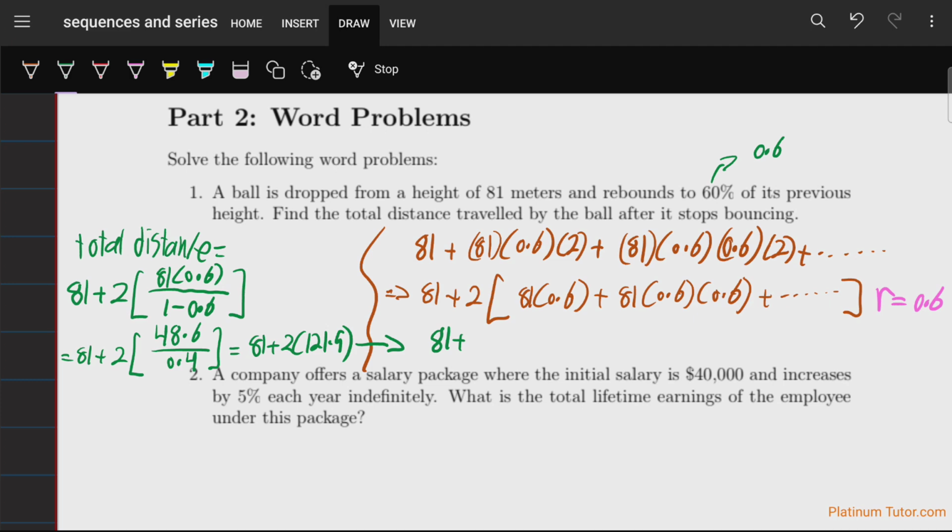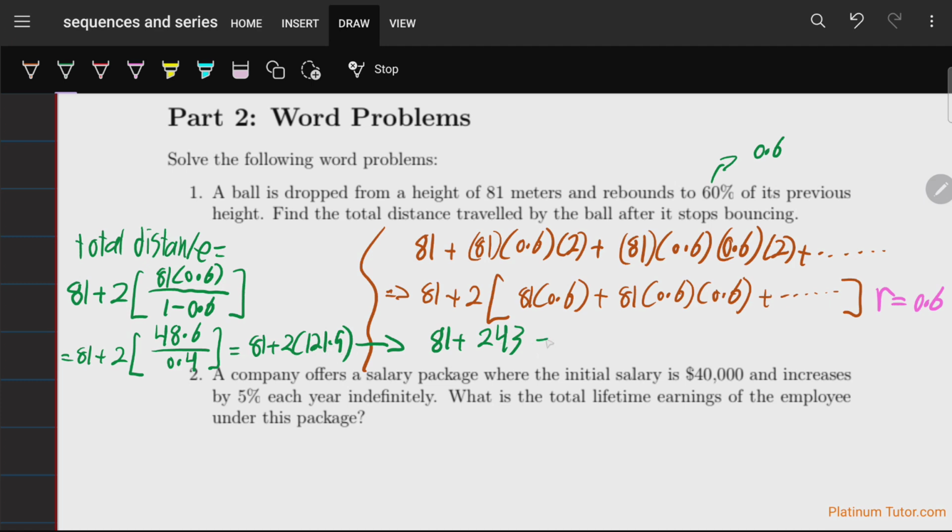Okay, let's see. Let's do this by hand. I messed up my calculator. So this is going to be 243. Did I do that right? 2 and then 3.